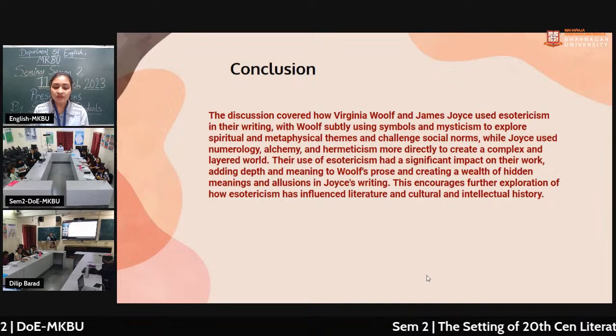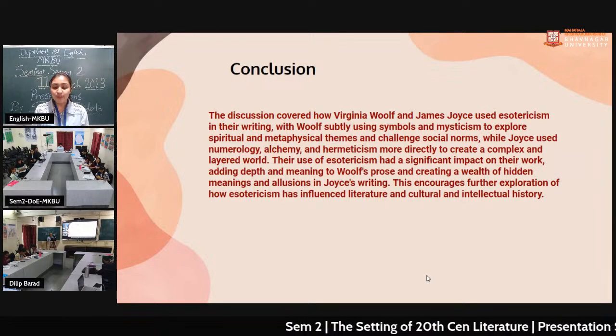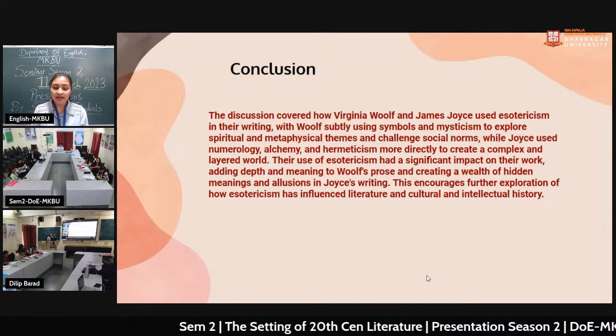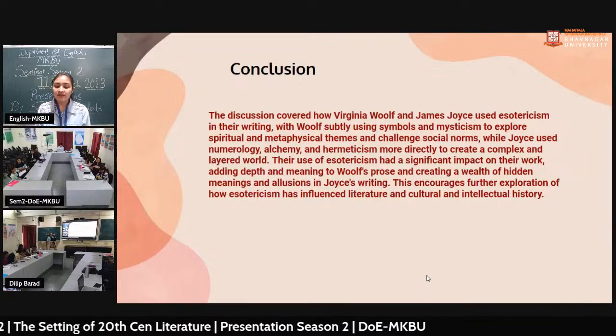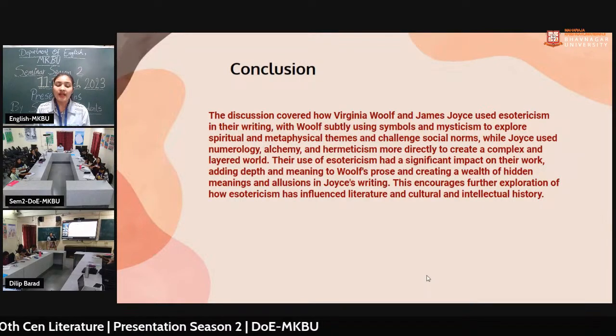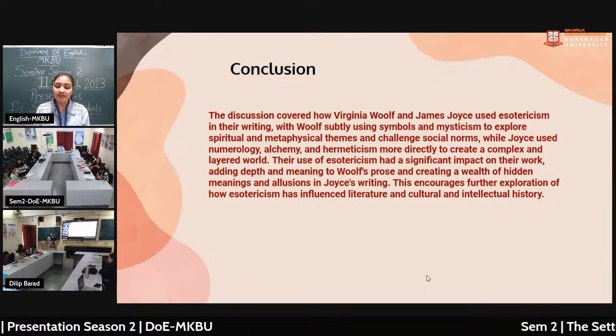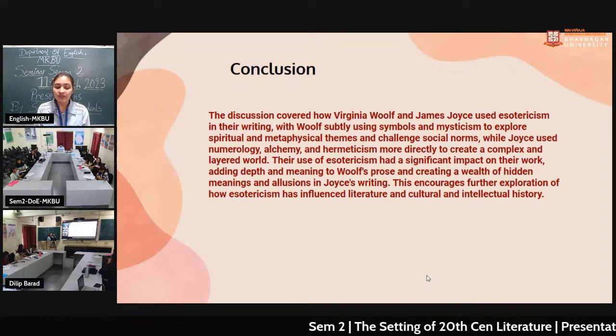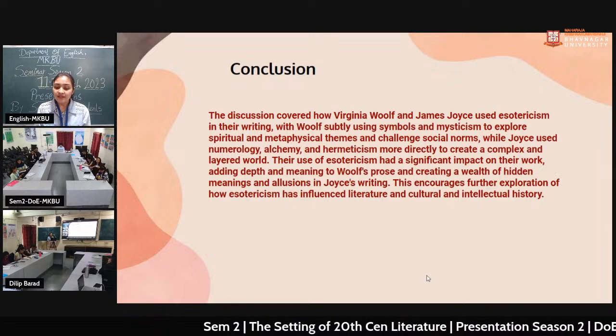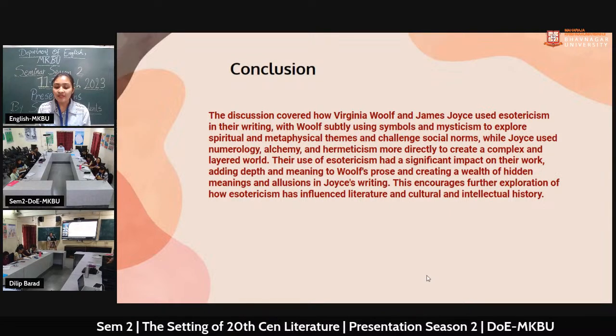Their use of esotericism had a significant impact on their work, adding depth and meaning to Woolf's prose and creating a wealth of hidden meaning and allusion in Joyce's writing. This encourages further exploration of how esotericism has influenced literature and cultural and intellectual history.